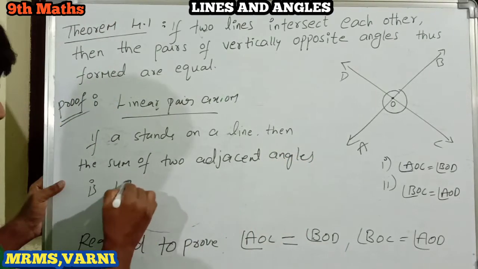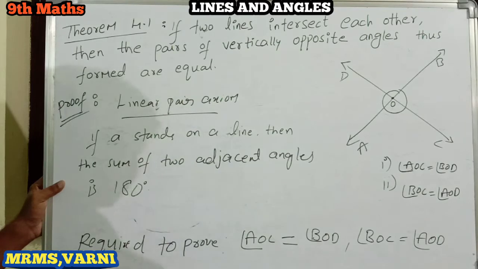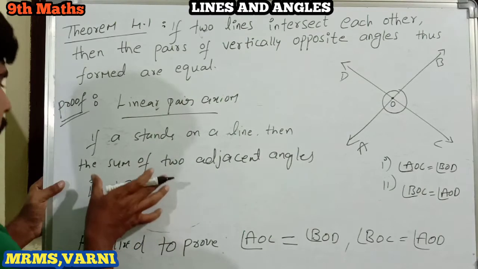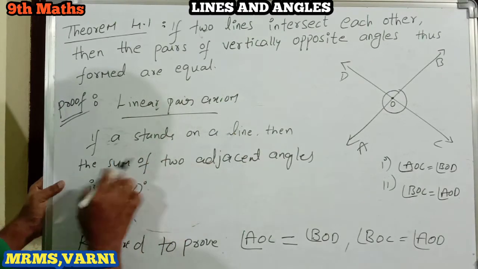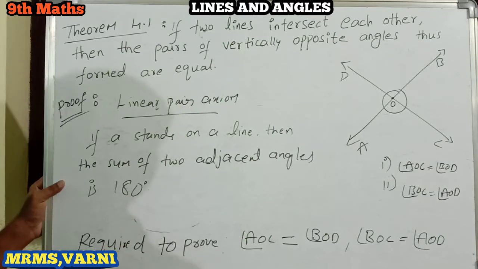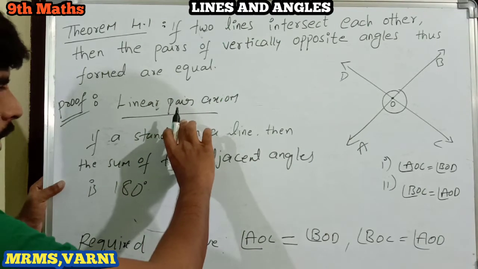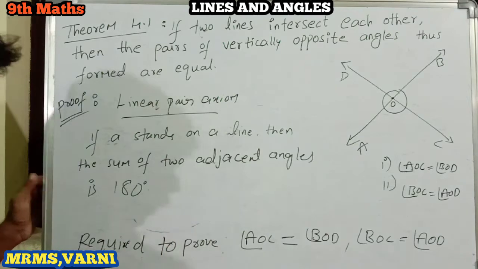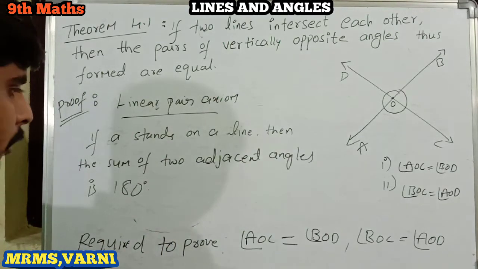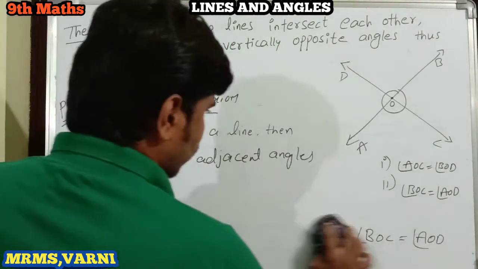If a ray stands on a straight line, then the sum of two adjacent angles is 180 degrees, isn't it? So I am going to use this concept here. By this axiom we prove the theorem.